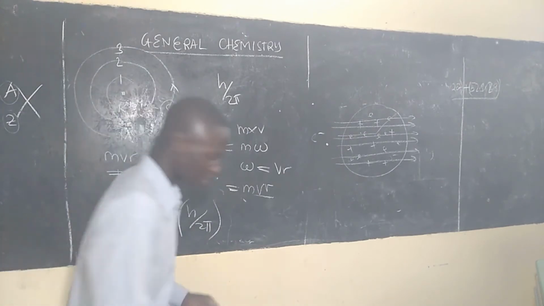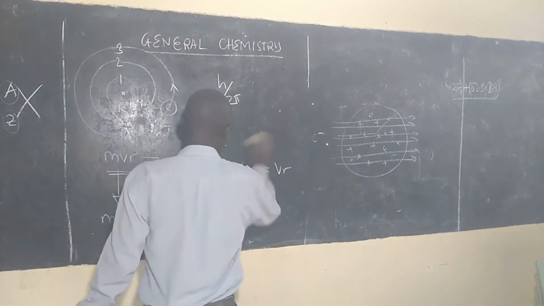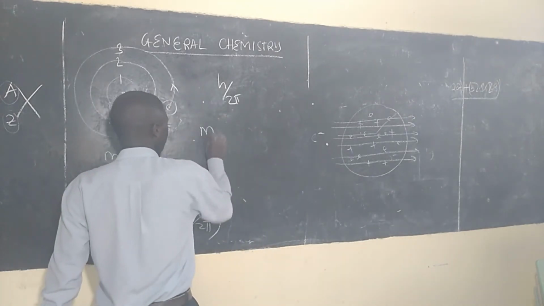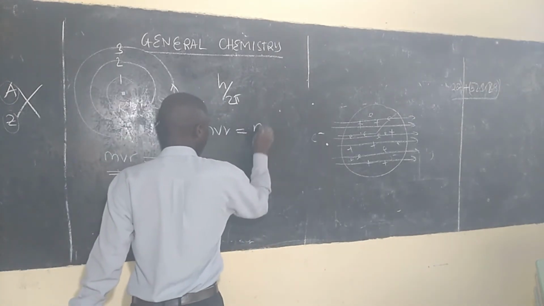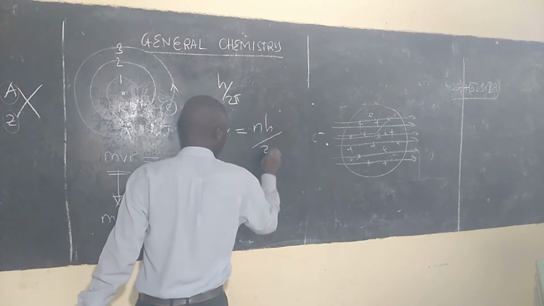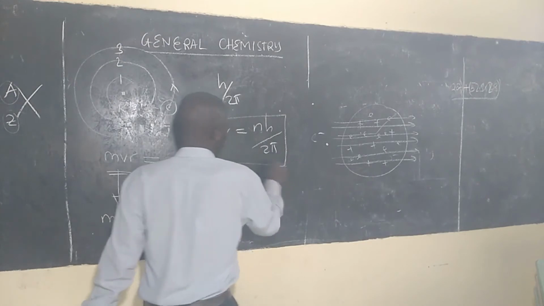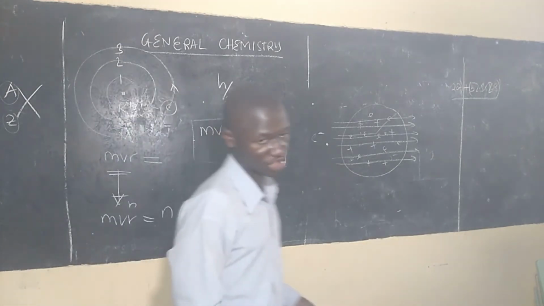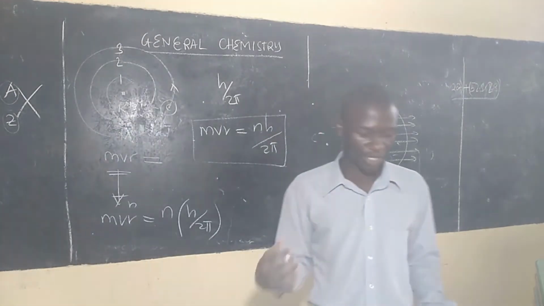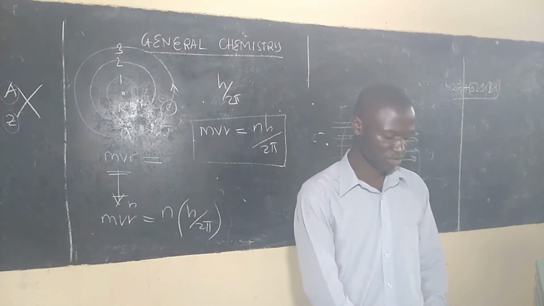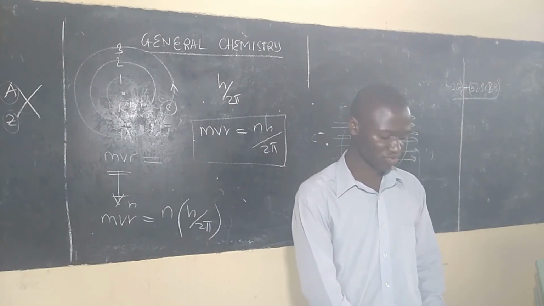So in other words, angular momentum mvr is equal to n h divided by 2 pi. This is the formula by which we say that the angular momentum of an electron is quantized. We are using this concept to say the angular momentum of an electron is quantized.